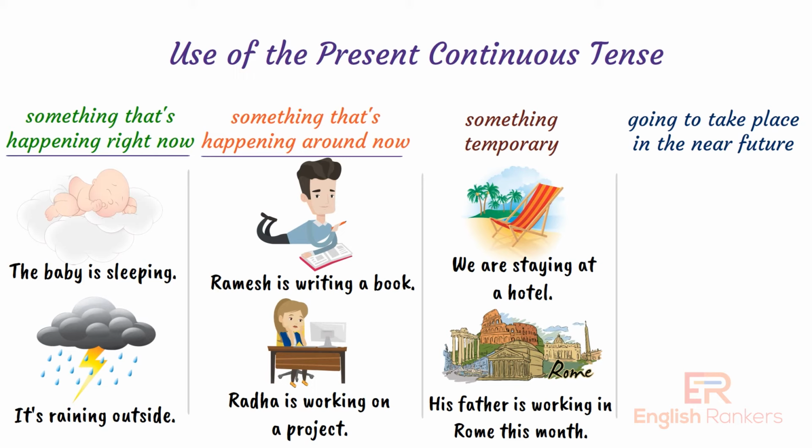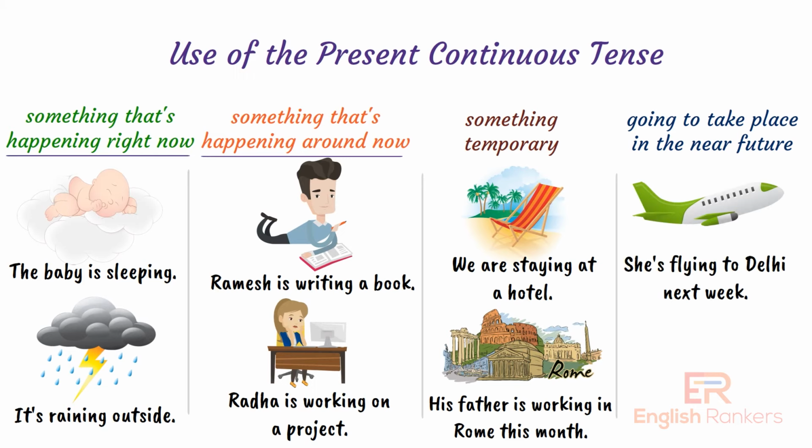If I say she is flying to Delhi next week, now if I didn't say next week, if I only said she is flying to Delhi, what does it mean? It's happening right now. I have to say next week, tomorrow, or next summer, next year. I have to give it some kind of time in the future. And then you can use present continuous for the future.